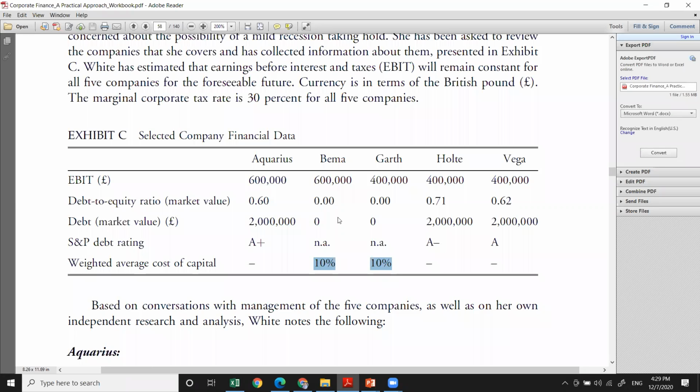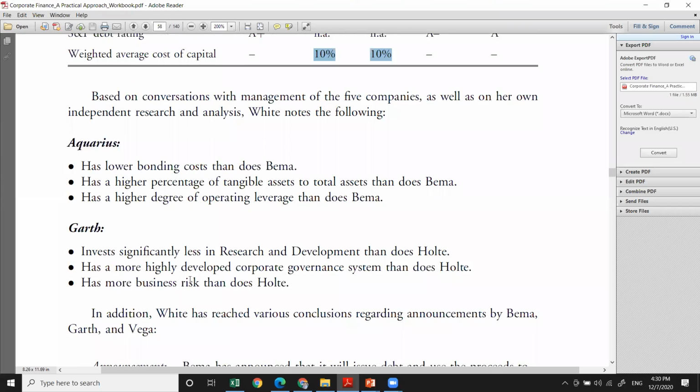The answer is in your hand. You don't have to do any calculation, just provide the cost of equity, or estimate it if it is not given. You don't need to estimate the cost of debt to come up with the WACC for a fully equity financed company.